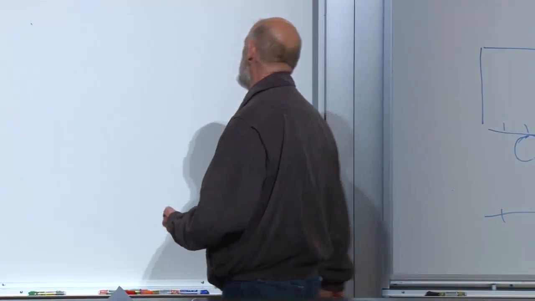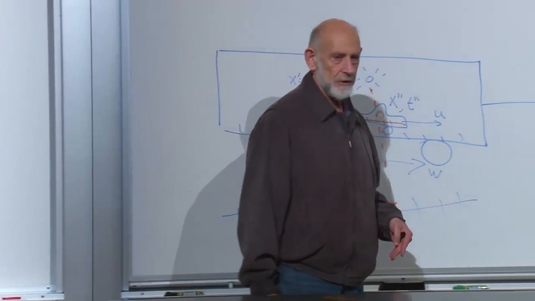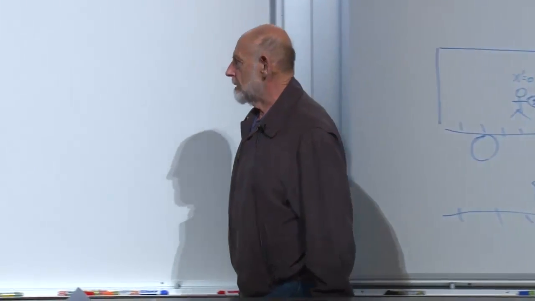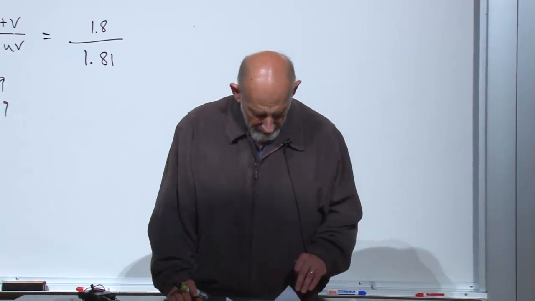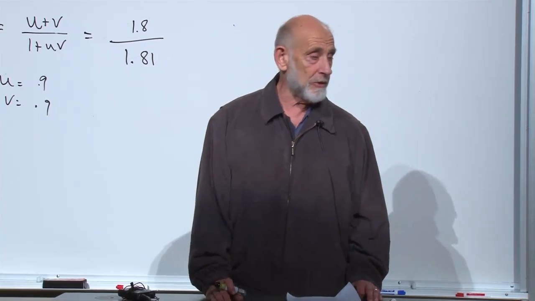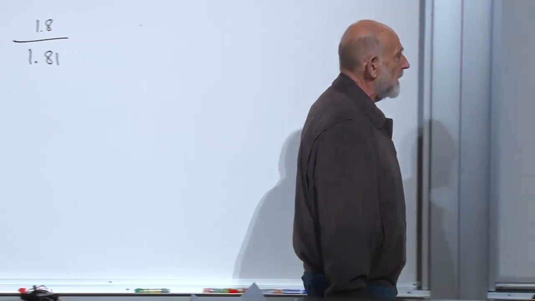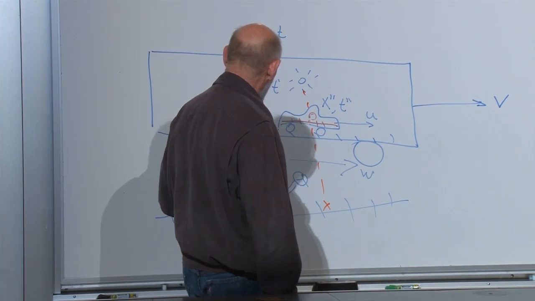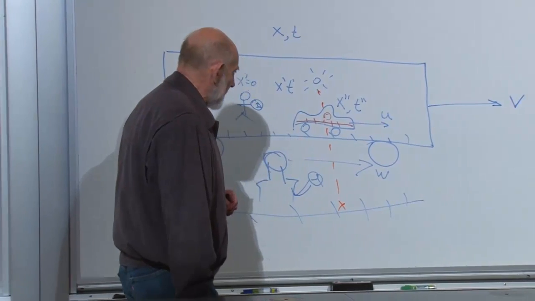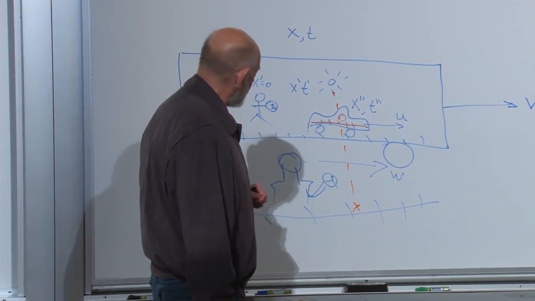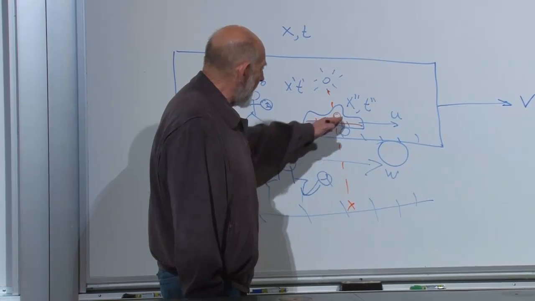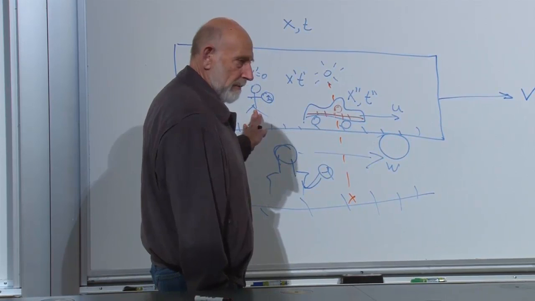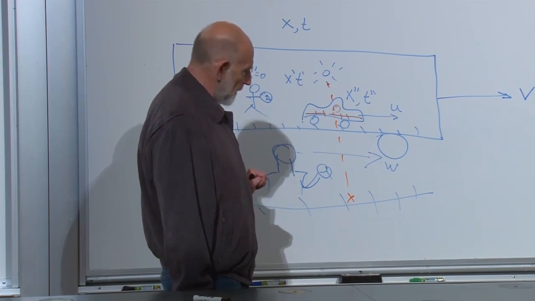In other words, we have not succeeded in making the kiddie car go faster than the speed of light, even though blah, blah, blah. You know the rest of the story. So this is the answer to the question, what happens if an observer is moving faster than the speed of light? Well, you could ask that question, but I think we are pretty well protected against people moving faster than the speed of light if the way they are made to move is relative to some previous frame of reference moving slower than the speed of light.